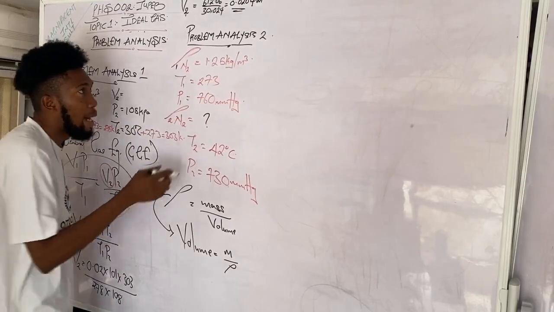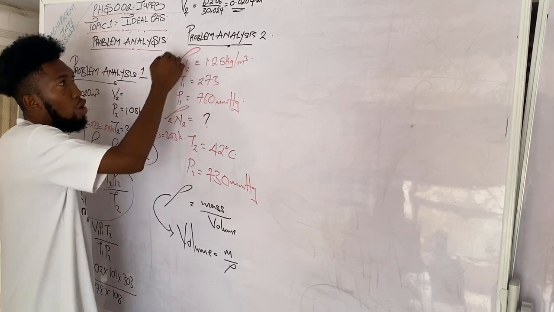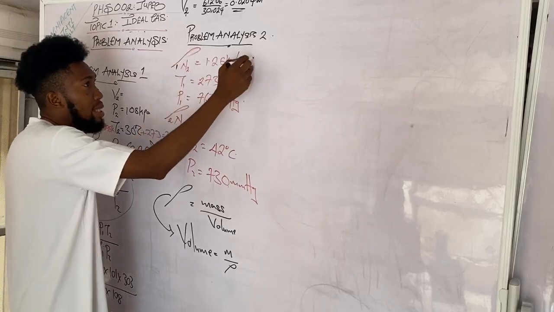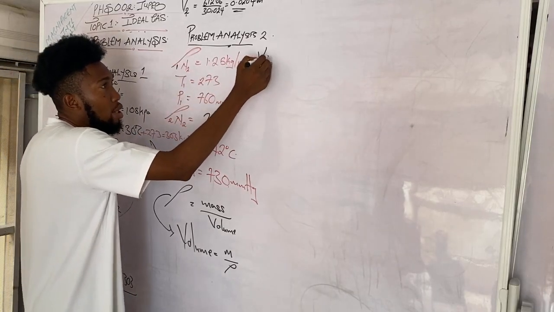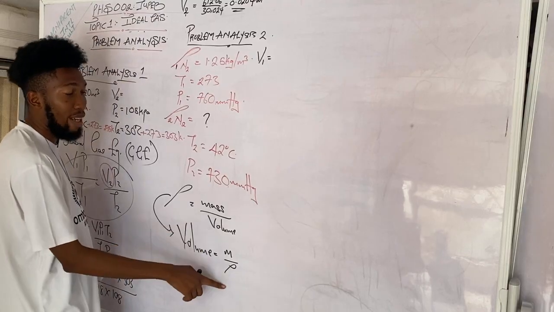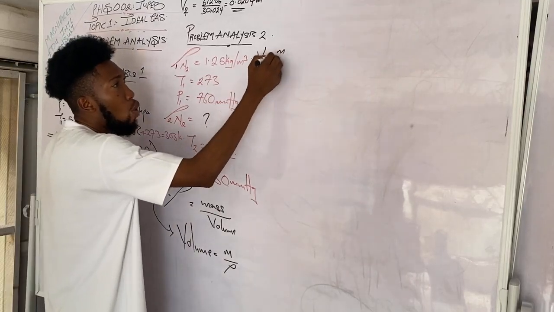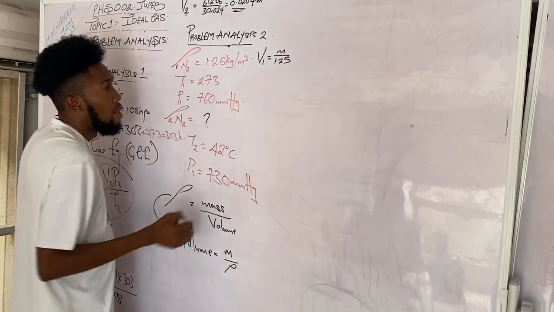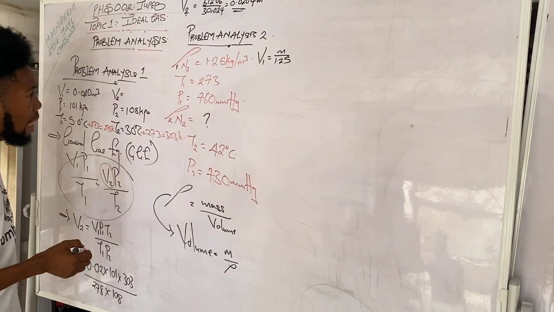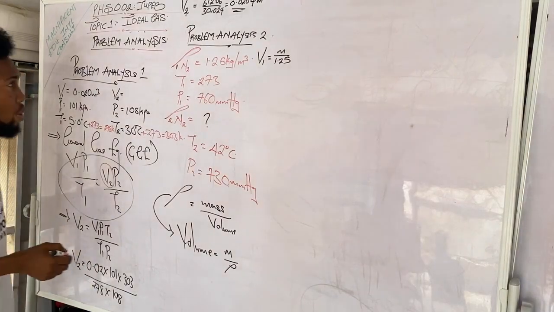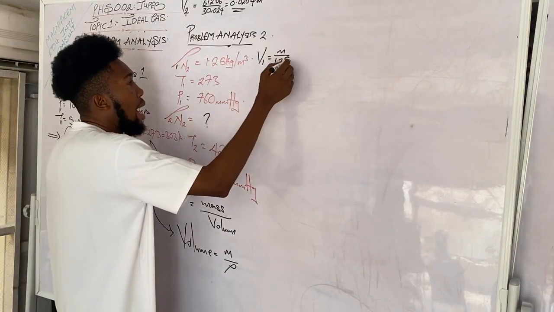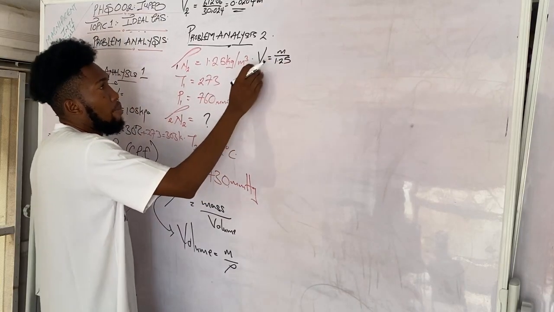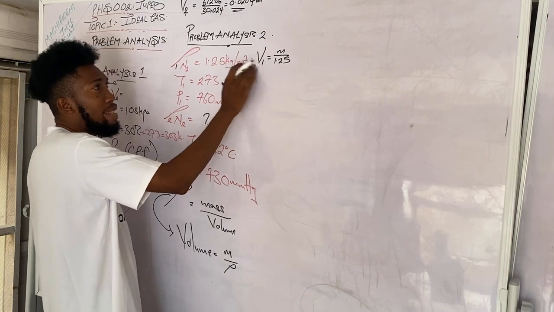So for this scenario where I'm having density like this, volume V1 should be equal to M over this density, which is 1.25. Remember that we're working in kilogram per meter cube, so the mass is in kilogram, the density is in kilogram per meter cube, and my volume will be in meter cube.